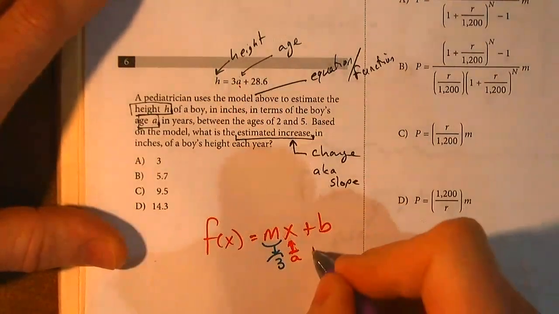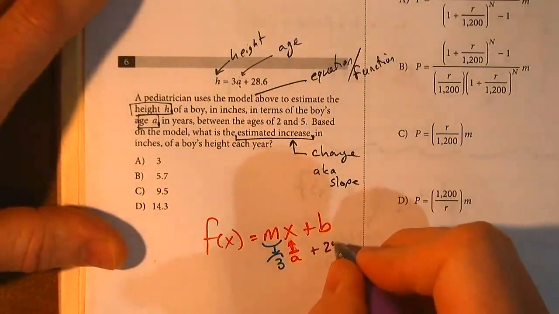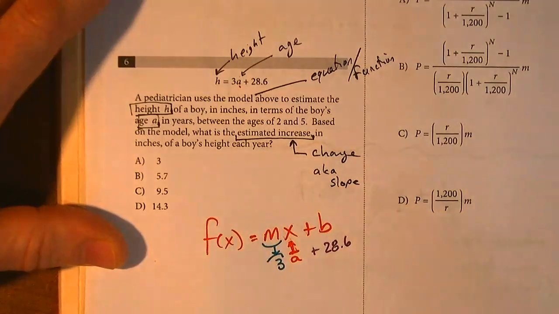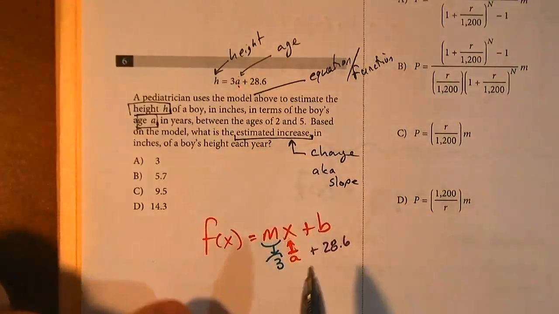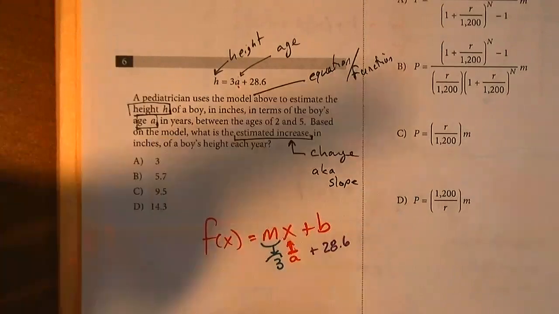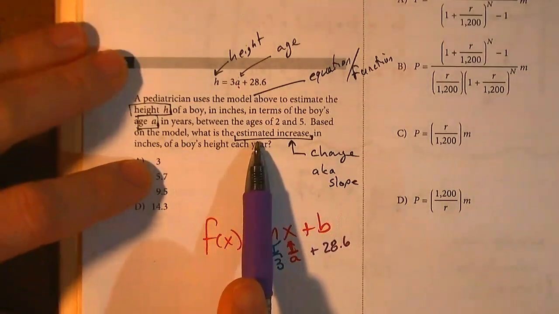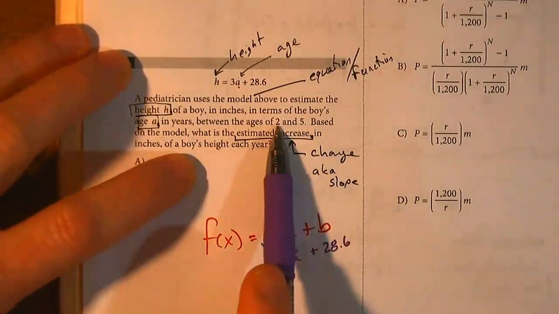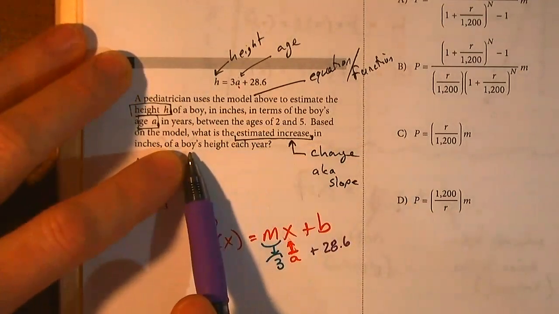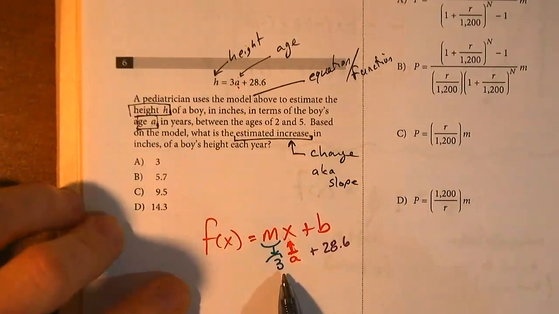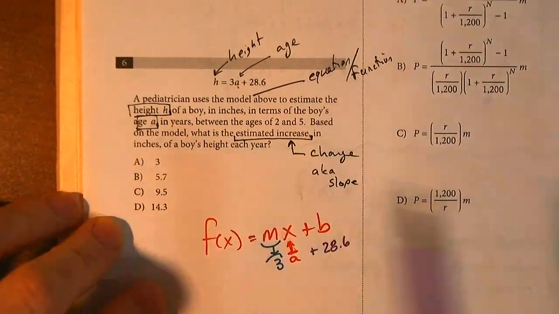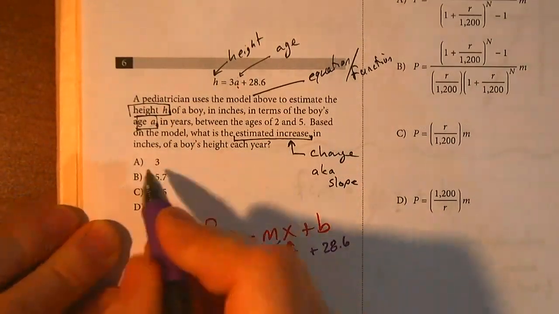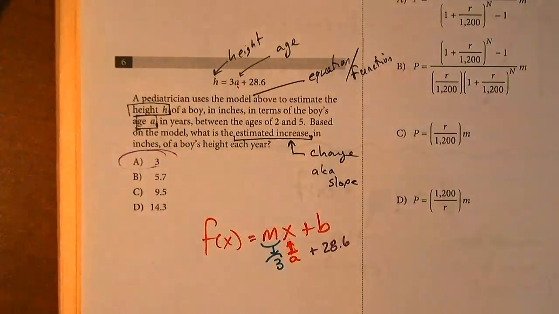The value of B at the end, well, that's an interesting question. Maybe we'll visit that here in just a second. But the answer to this question is, it looks like on average, we are estimating that the typical 2 to 5 year old boy will grow 3 inches per year. So in inches, what will their height change per year? I think we're saying 3.